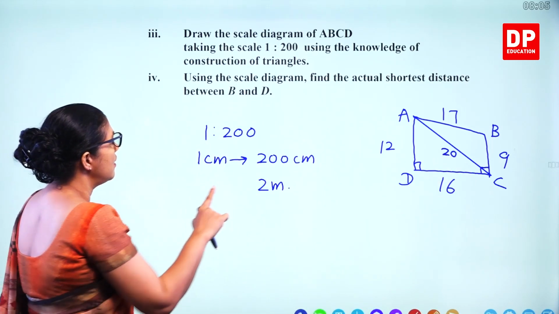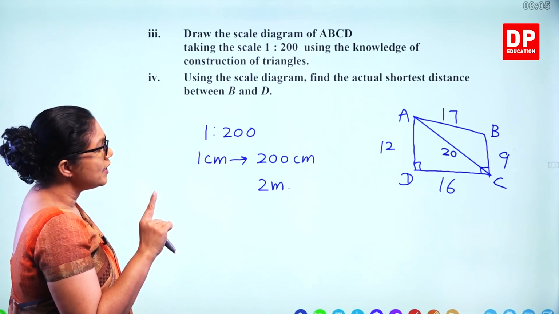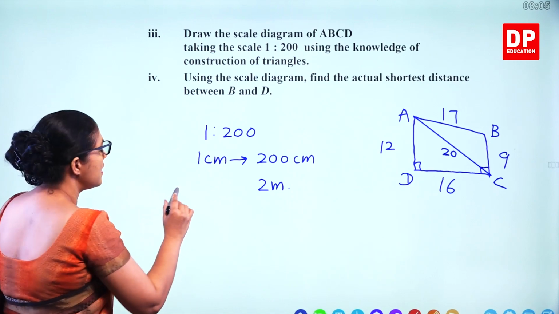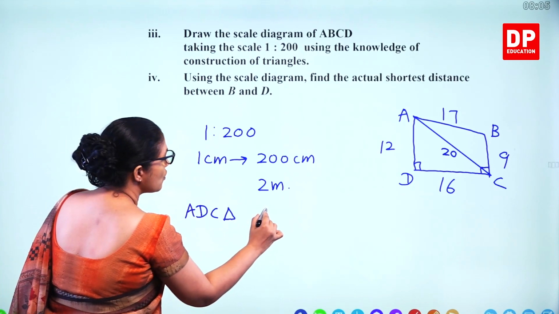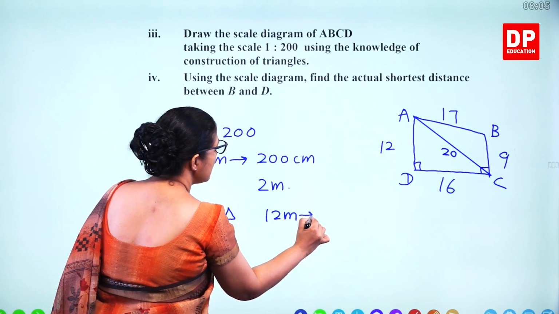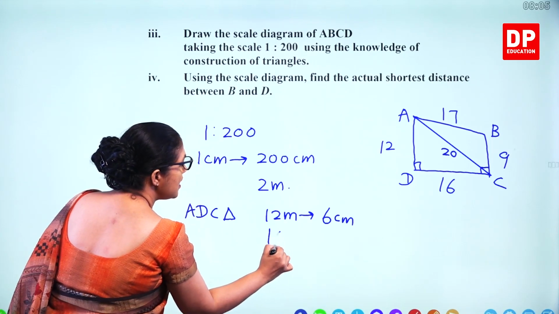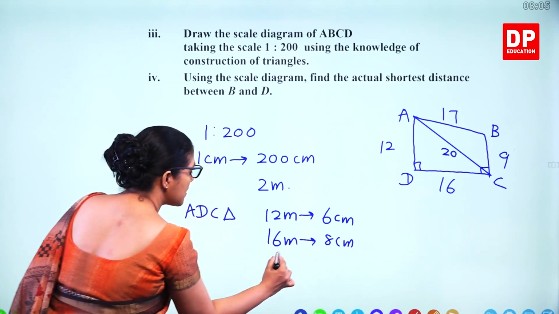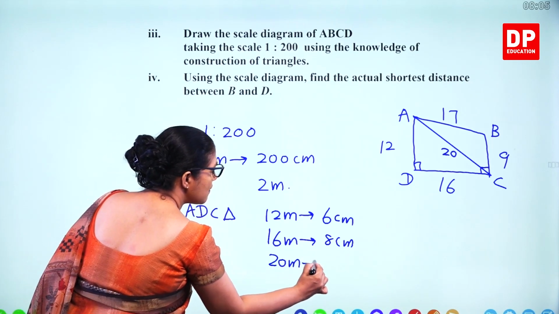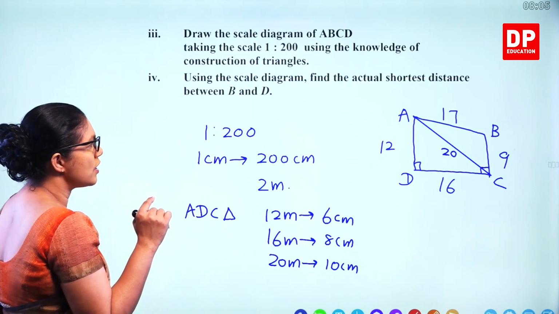So here you have to divide by 2 to get the centimeter value. So we'll take the ADC triangle. 12 meters means divide by 2, you have to take 6 centimeters. 16 meters means divide by 2, 8 centimeters. 20 meters means divide by 2, 10 centimeters. So these are the lengths we have to take.